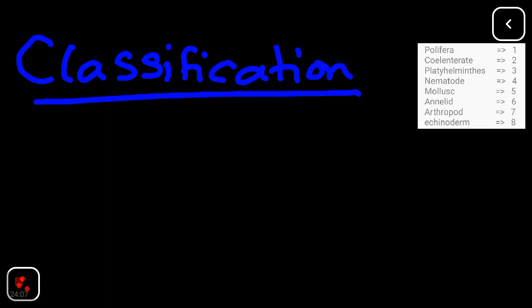The animals that eat food through only one opening are the Porifera, Cnidaria, and Platyhelminthes, and they still use that same opening to defecate. But from nematodes down, from number four down, we produce an anus, different from our mouths.